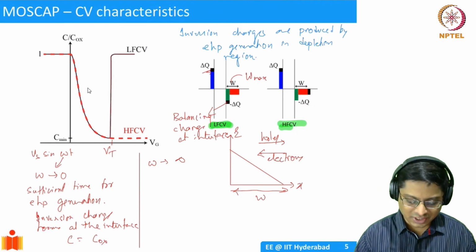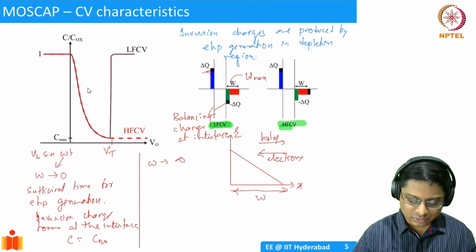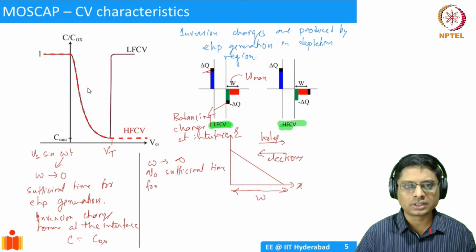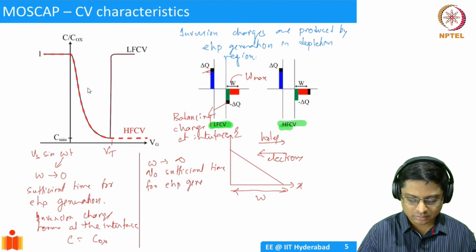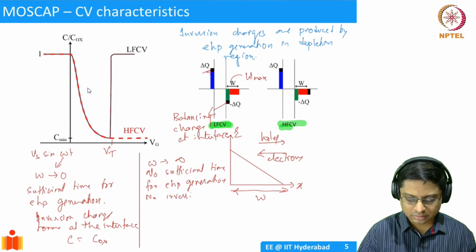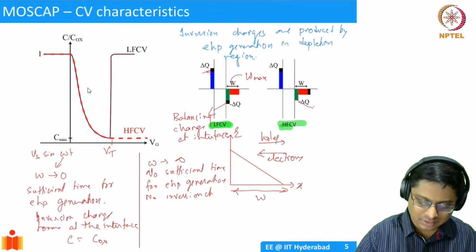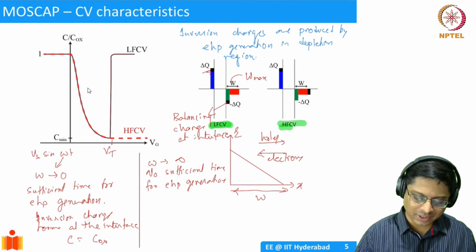So for inversion charge, there is no sufficient time for EHP generation. So no inversion charge. I mean, there is a DC inversion, it is still there. I should not write no inversion charge. That's not exactly correct.